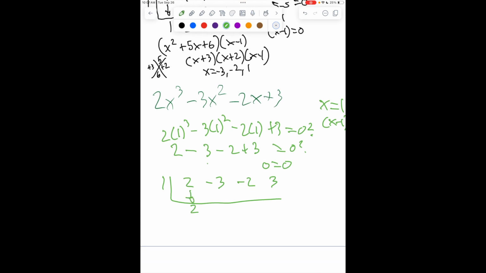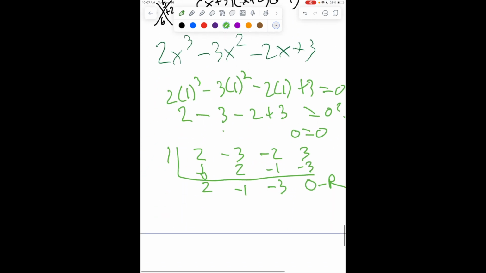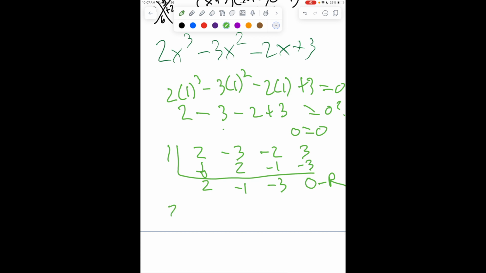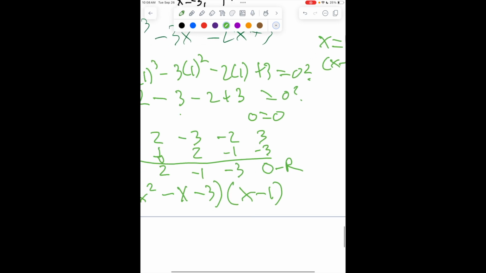Bring this down to negative 1, negative 3, and 0, which is nice. So what's left over? Remember, you've got to decrease your highest degree by 1. So that's like saying 2x squared minus 1x, or again, we could just do minus x, minus 3. And then I also have x minus 1.